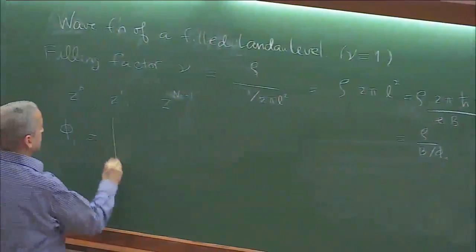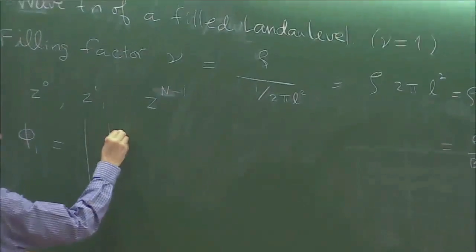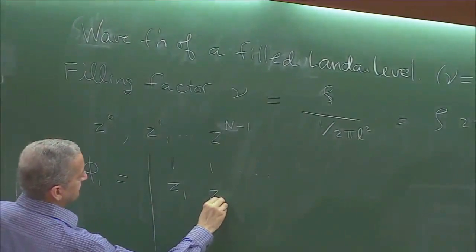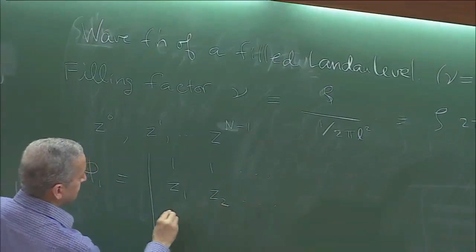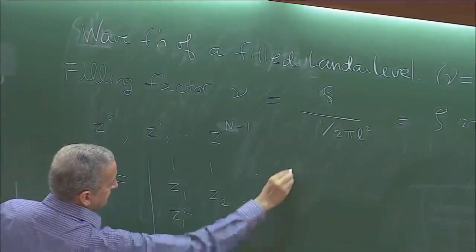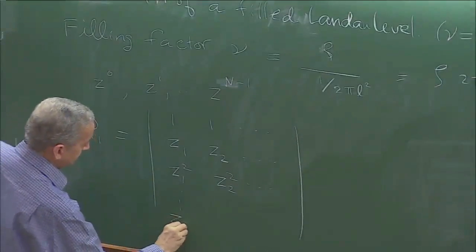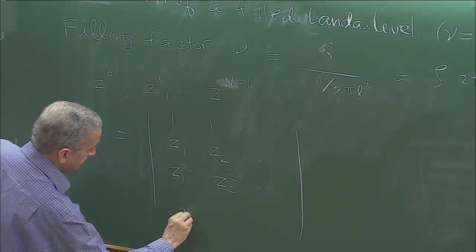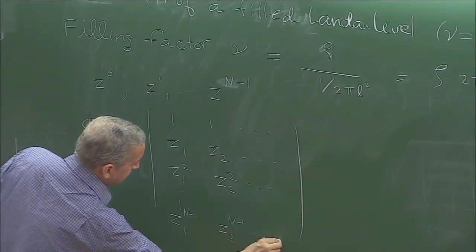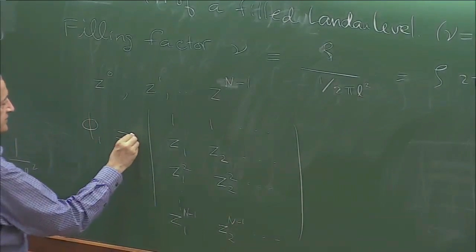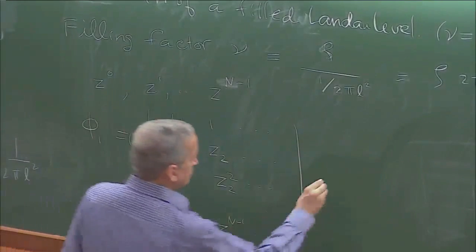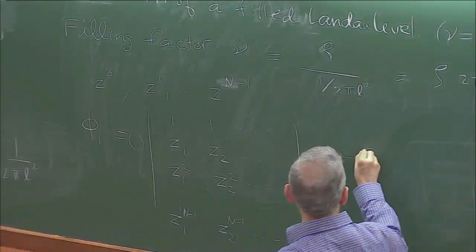The Slater determinant would be, and there is some normalization factor here, and we have the Gaussian factor.